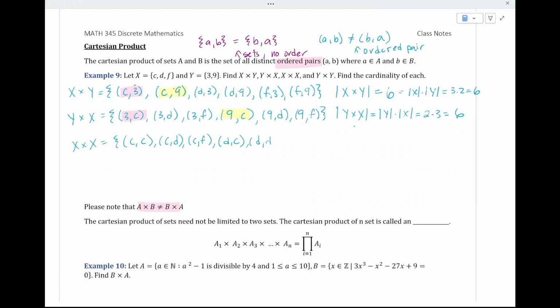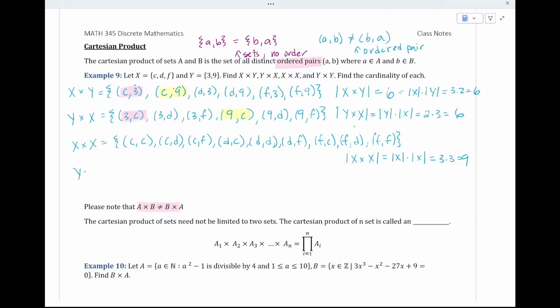And then D with itself, and then (D, F), and then (F, C), (F, D), and F with itself. This one looks like it has more elements. The cardinality of X cross X is the cardinality of X times the cardinality of X, which is 3 times 3. So now here we have 9 elements in this set.